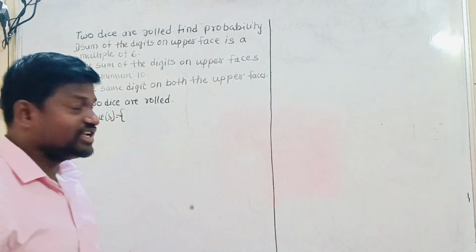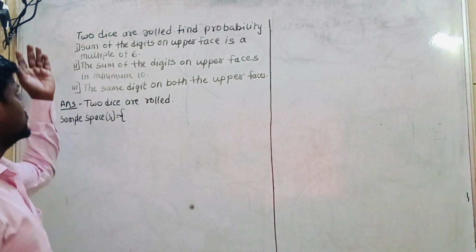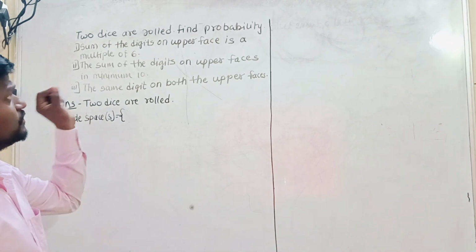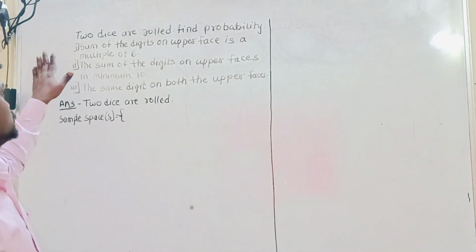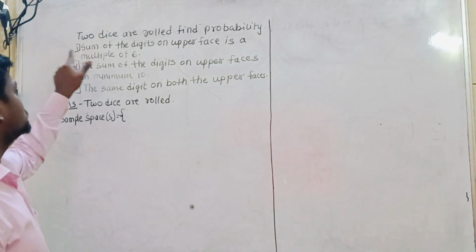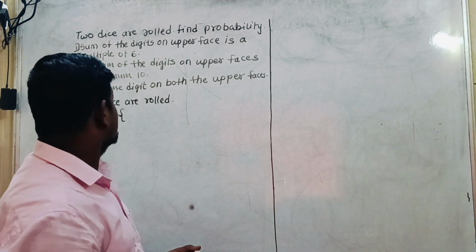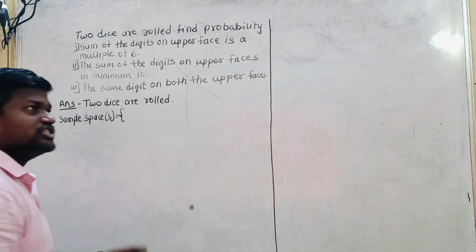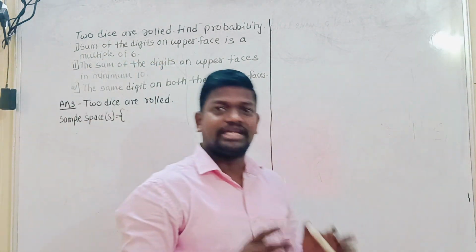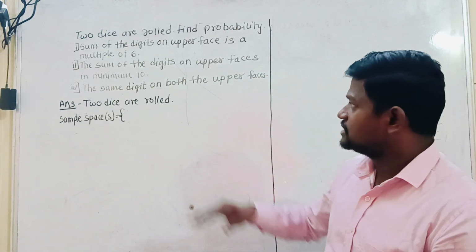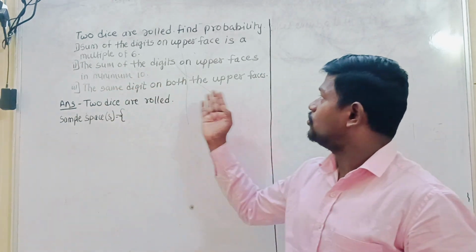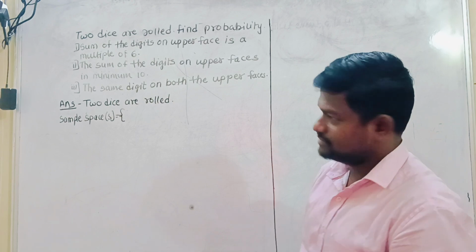So our next question is, when 2 dice are rolled, find the probability. Event 1: the sum of the digits on the upper face is a multiple of 6. Second: the sum of the digits on the upper faces is minimum 10. And third: the same digit on both the upper faces.